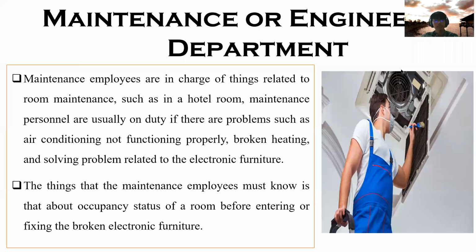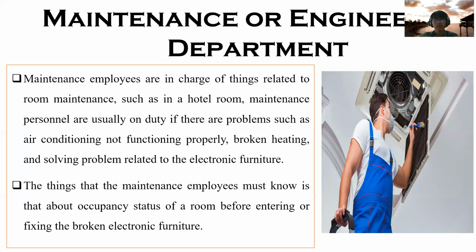Maintenance employees must know the occupancy status of a room before entering or fixing the broken electronic furniture. If guests have a problem with their room, especially the electronic furniture, the guest will contact the front office. Then the front office will ask the maintenance department to fix the problem.